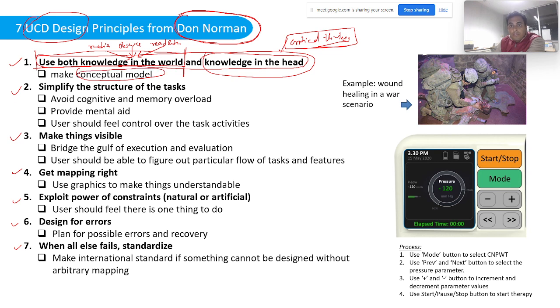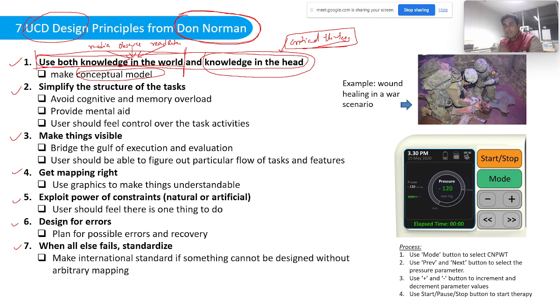For example, in this particular scenario, your world knowledge is what you observe in that scenario, so it is scenario-based learning. Then probably you have data from YouTube; these days with Ukraine, you get a lot of media information on what happens in war, what happens to wounds, how those are treated, how far the hospital is nearby.